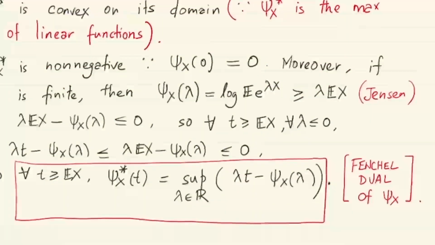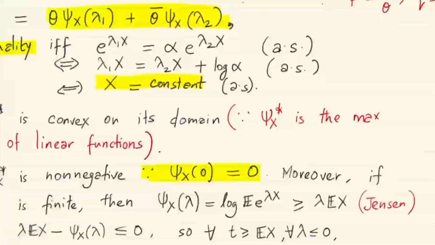The next property about Cx star, which is the Kramer transform, is that it is always non-negative. It cannot be negative at all. This is because Cx, the log moment generating function, is 0 at 0.